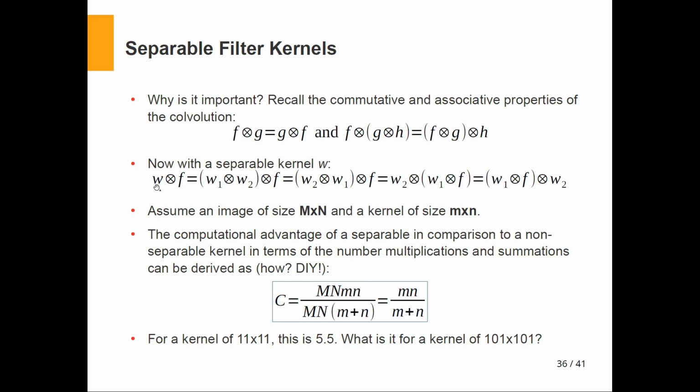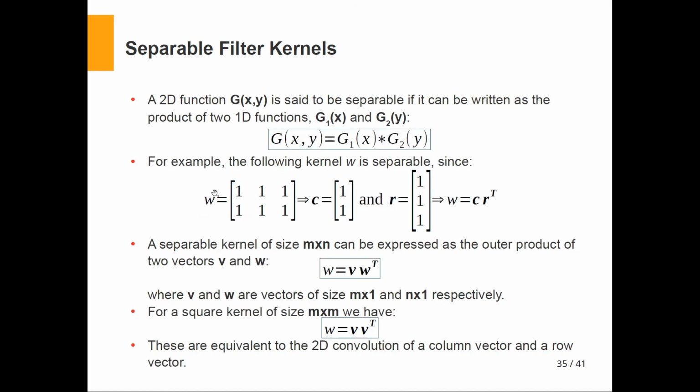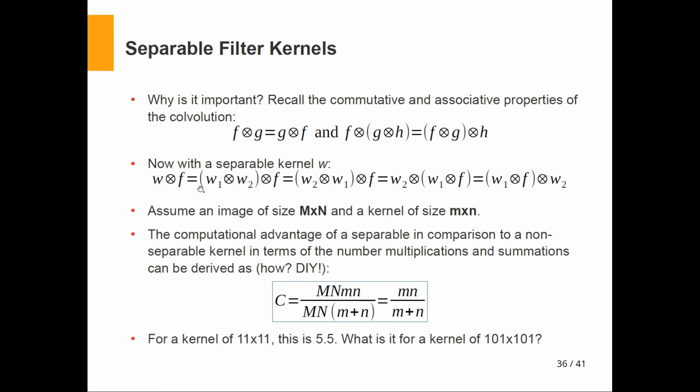Since W is separable, and since this outer product is equivalent to convolution, whether the kernel is rectangular or square, it doesn't matter, we can write W as W1 convolved with W2.